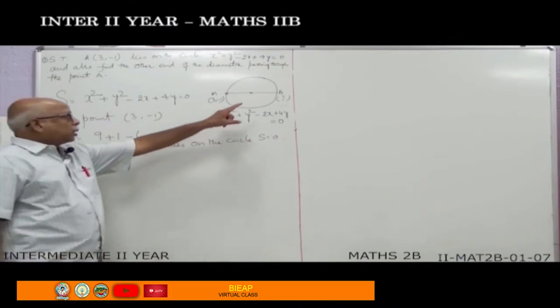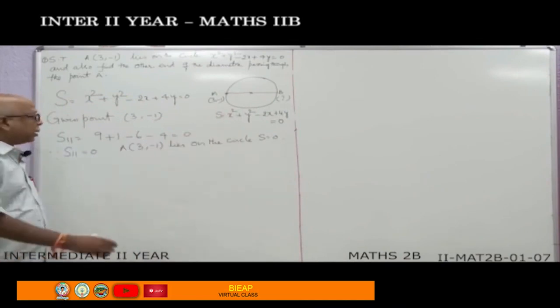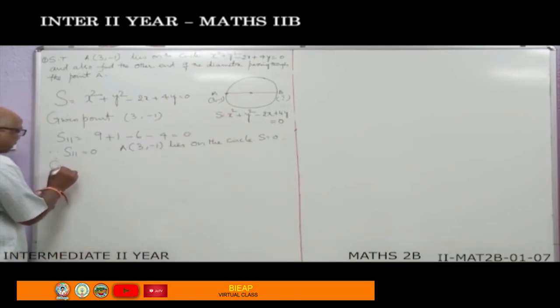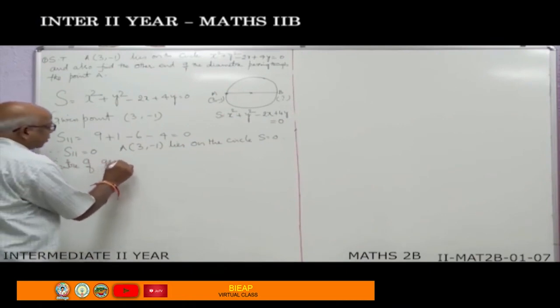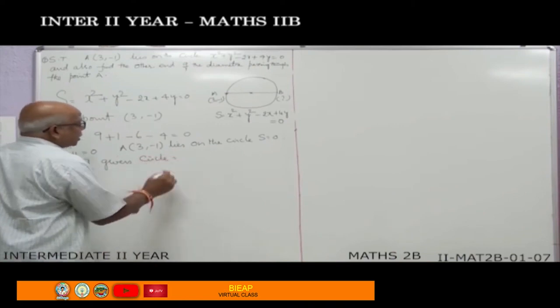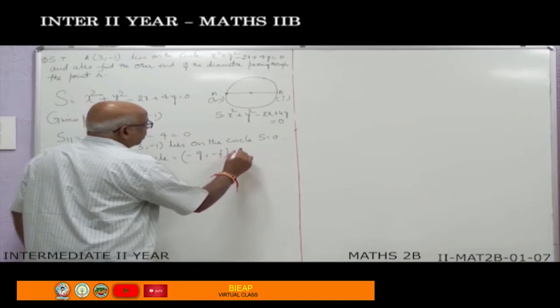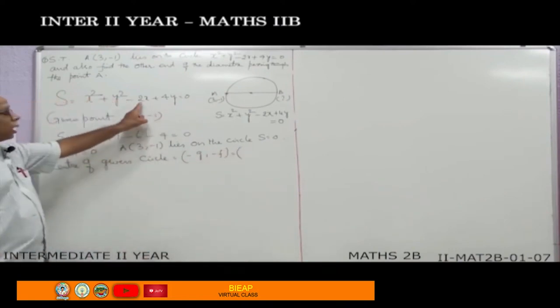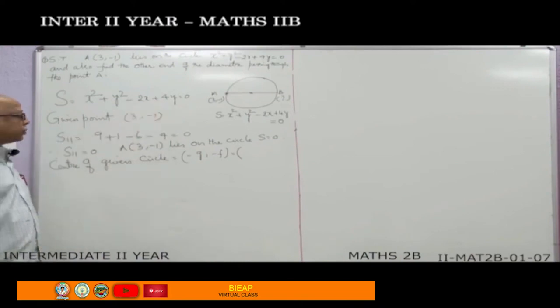To find out B's coordinates, that is the other extremity of the diameter, let us write down the center of the given circle. What is the center of the given circle? Formula: (-g, -f). g means half of the x coefficient, f means half of the y coefficient.